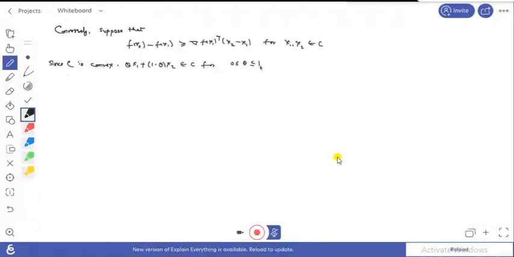Okay, so this is an arbitrary point which belongs to C, and for any two points that belong to C, this formula is satisfied.